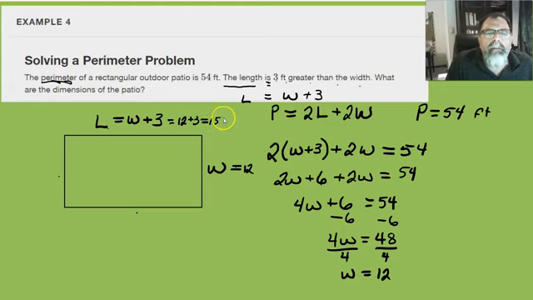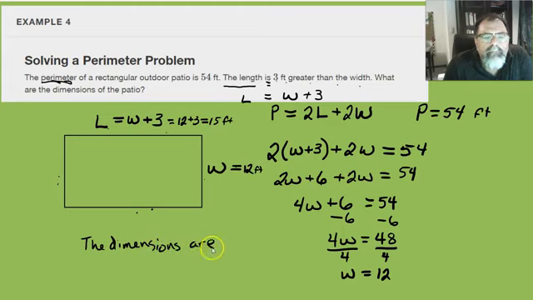So that's 15 feet. And let's see, 15 plus 15 is 30, 12 and 12 is 24. So 30 plus 24 would be 54. So that checks out. So the dimensions are 15 feet by 12 feet.